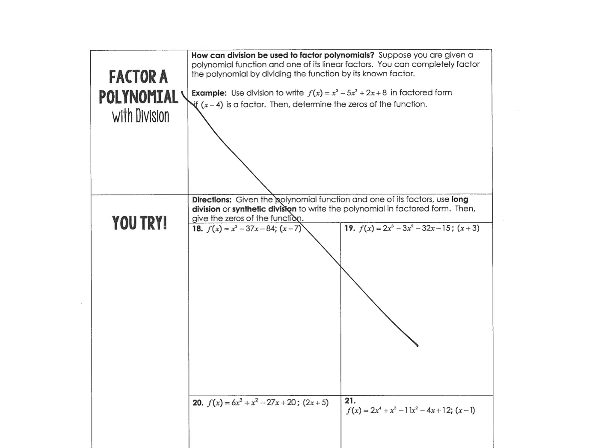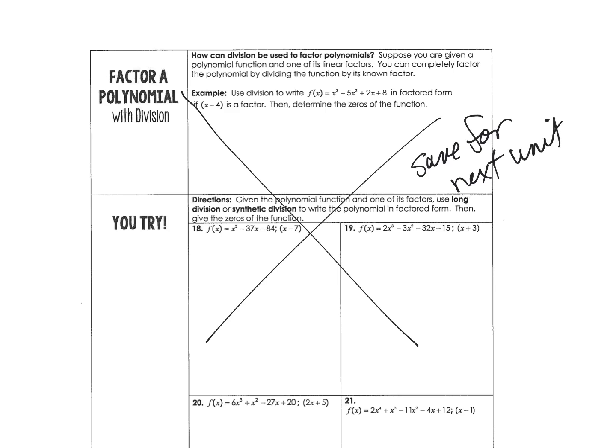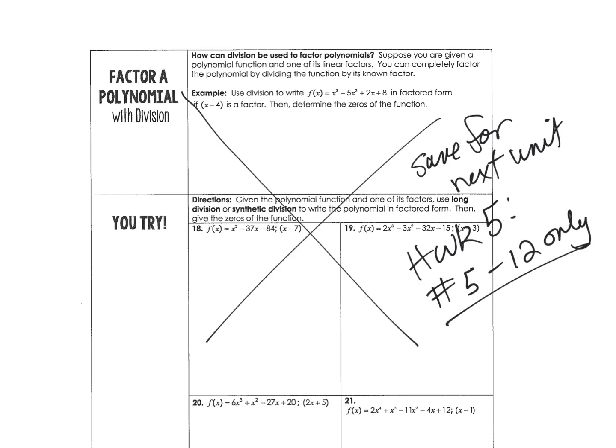We'll save this for next time. Don't mark it out. We're just going to save it. And for your homework, I want you to do homework 5. And I want you to do numbers 5 through 12 only. All right? So 5 through 12 only. You don't have to do the factoring part.